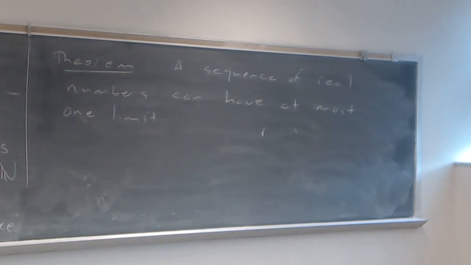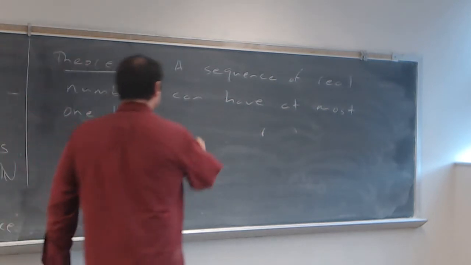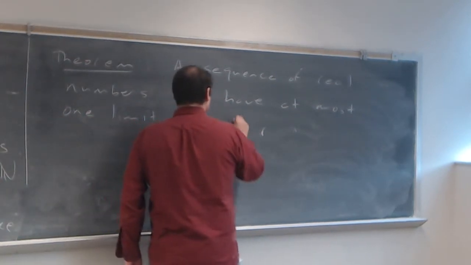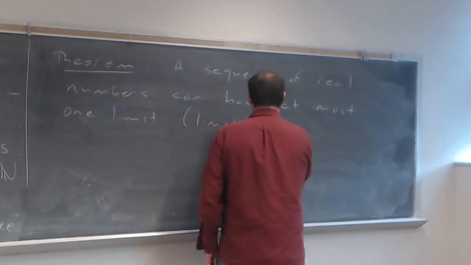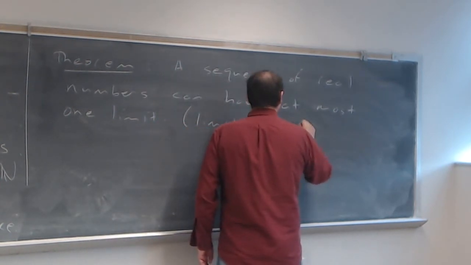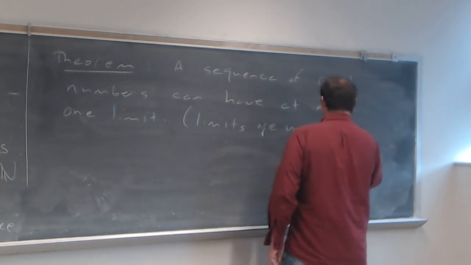What this means is if you're looking at a convergent sequence, the limits are unique. This is often the way we categorize this theorem. And when I say limits, we're talking about limits for sequences.